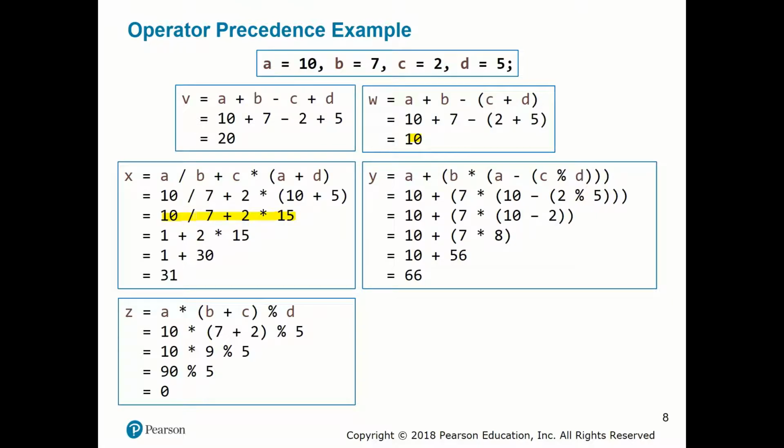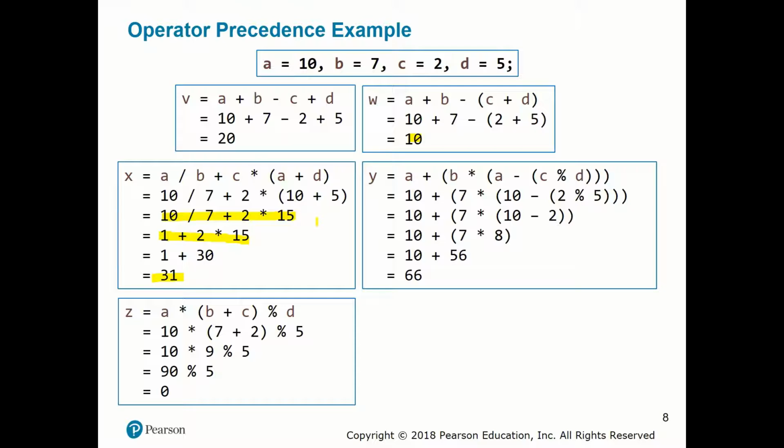Division should be evaluated first. So 10 divided by 7, the quotient is 1. And then 2 times 15 will be evaluated next. So 1 plus 30. So the result is 31.